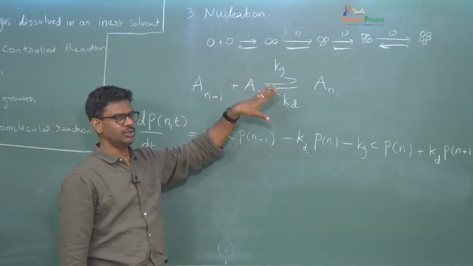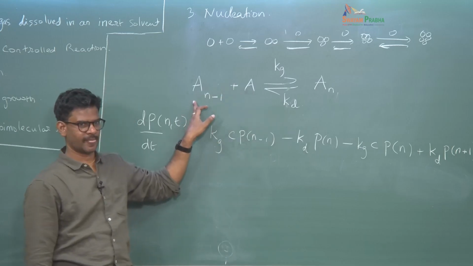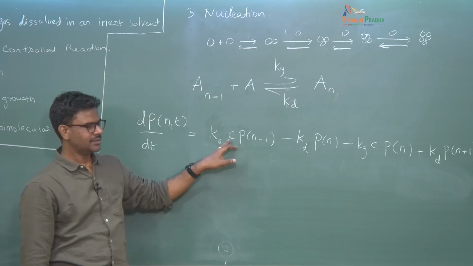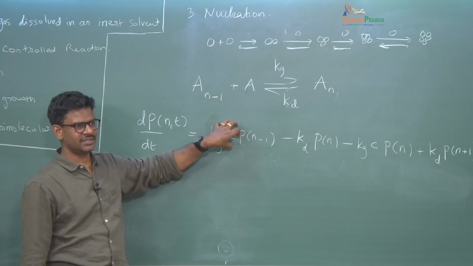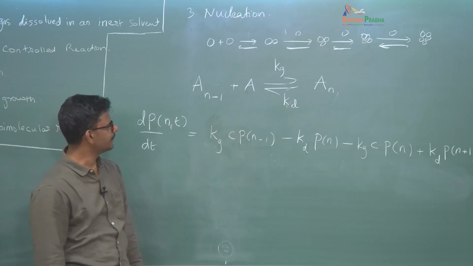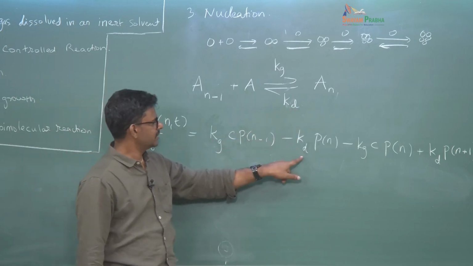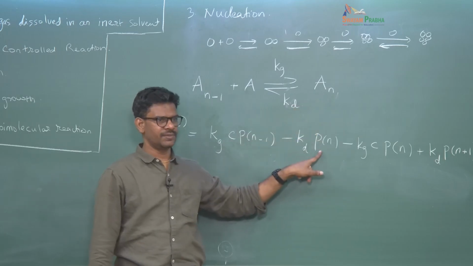The forward rate you usually write as K_g times the concentration of A, the concentration of this. Here we should be writing the probability of A_1, but this is a large reservoir, with a large number of monomers available, so we treat this as a quasi-constant, some concentration. Then the backward reaction depends on the rate K_d times the concentration, which is actually the probability of finding n.